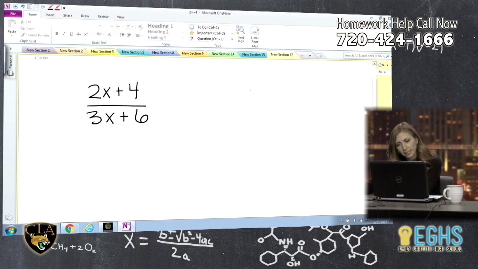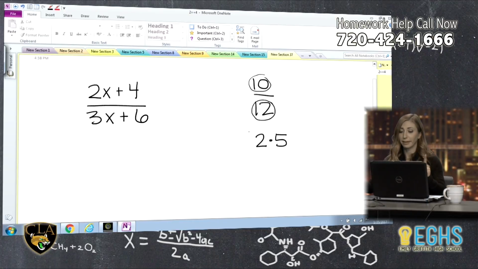So I'm just going to pick 10/12. If we wanted to simplify this, one way, which is not typically taught this way, is by factoring both the numerator and the denominator first. Actually, let me back up.